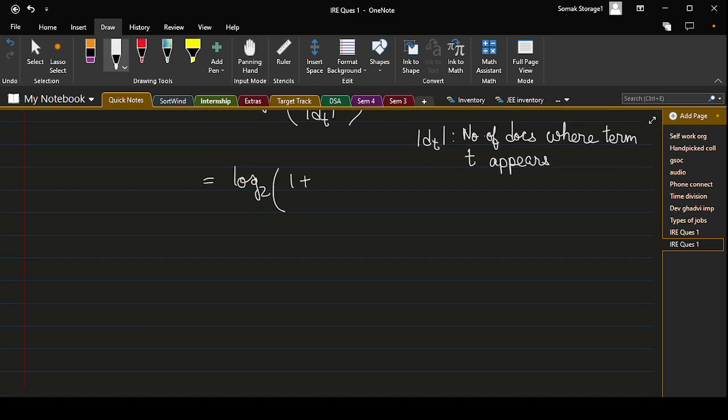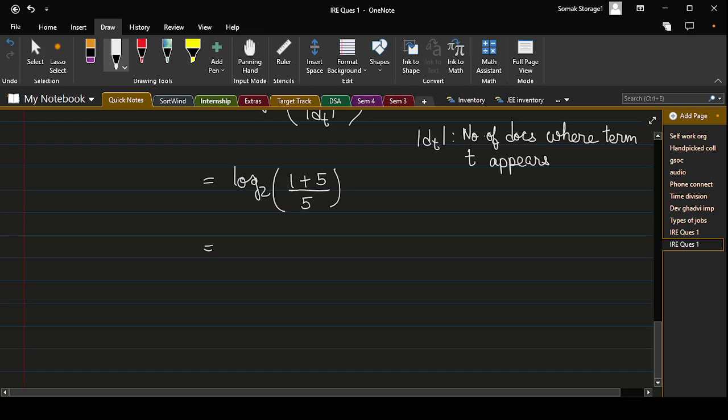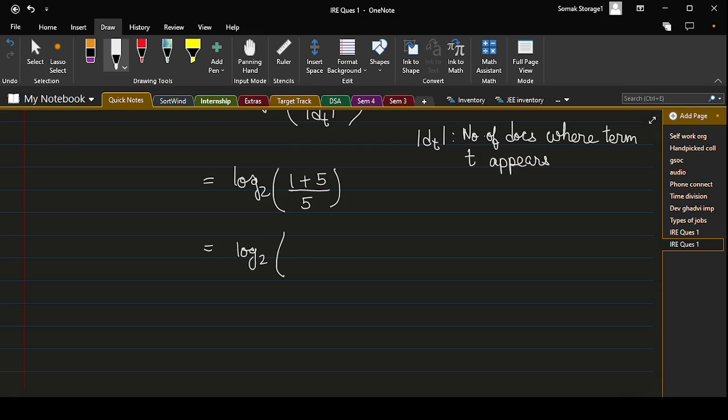So accordingly the total documents is 5, and 5 documents are those where T4 appears. Now we'll just use the calculator for this calculation, that is log of base 2 of 6 by 5.